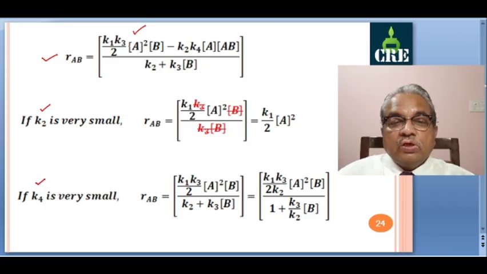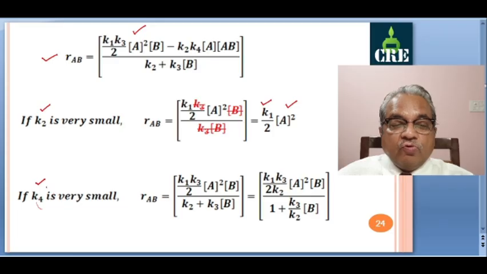So in the numerator you are left with K1 K3 by 2 concentration of A square concentration of B, and in the denominator this K2 goes, so we have K3 into concentration of B. So K3 also cancels out, the concentration of B term also cancels out, you are left with simply K1 by K2 into concentration of A square.